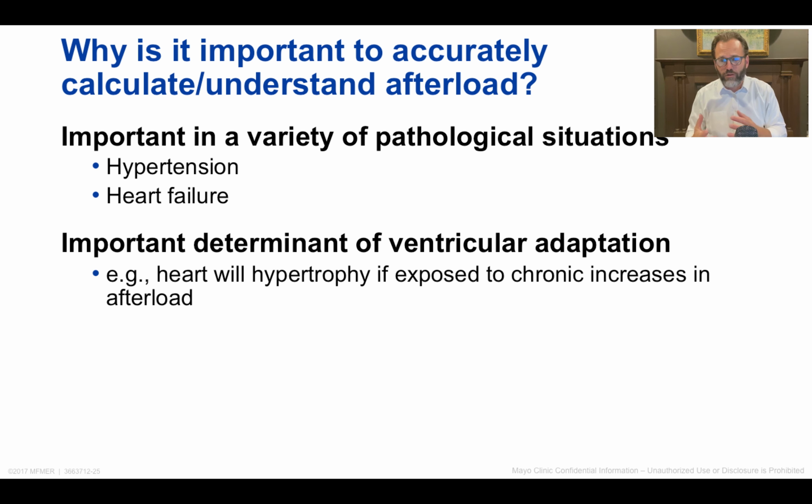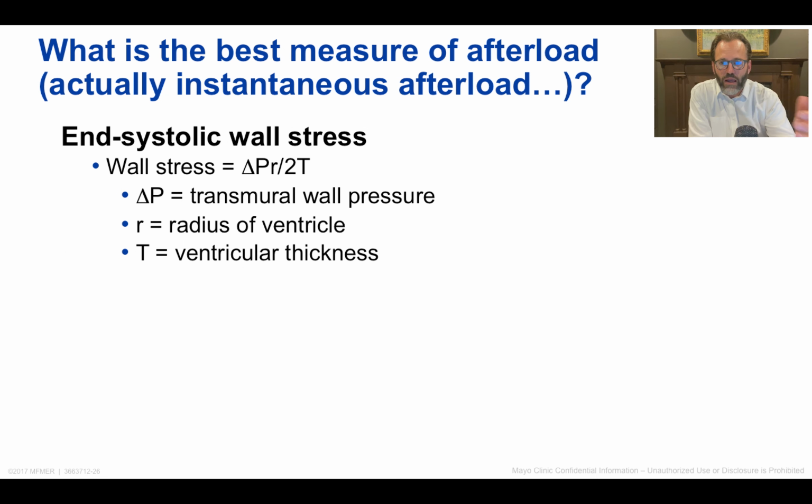So you will have hypertrophy over time, and you can have beneficial hypertrophy as you would have with exercise, or you can have pathophysiological hypertrophy with chronic increases in afterload. And so it's really important to grasp that appropriately. And so if we take a look back now and we say, well, what are our best measurements? Again, we'll take our end-systolic wall stress.